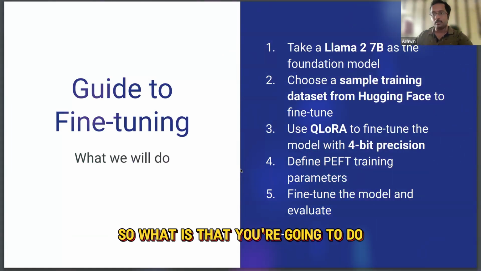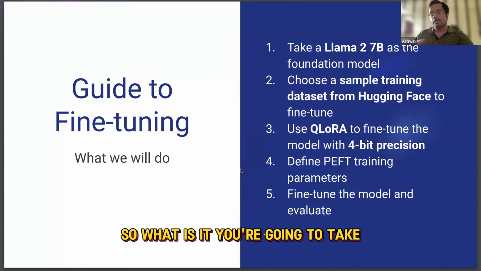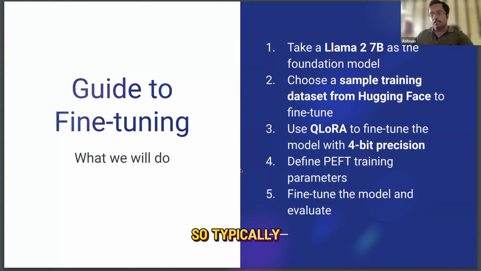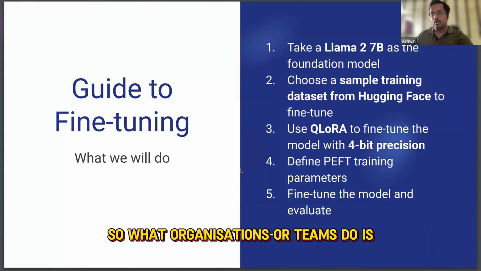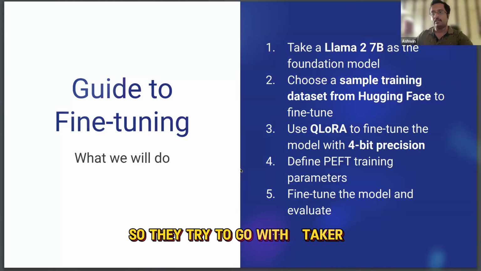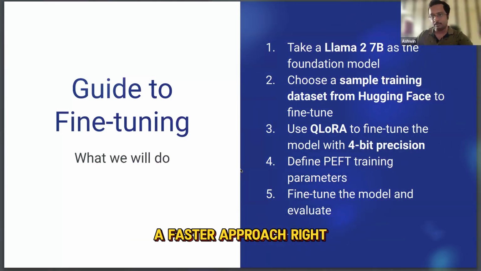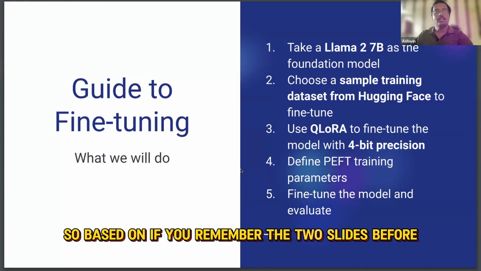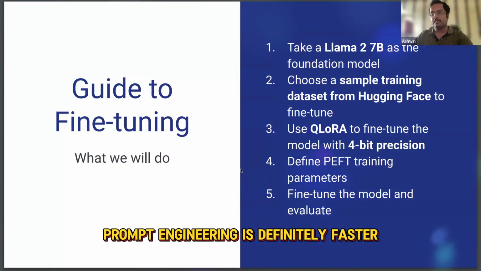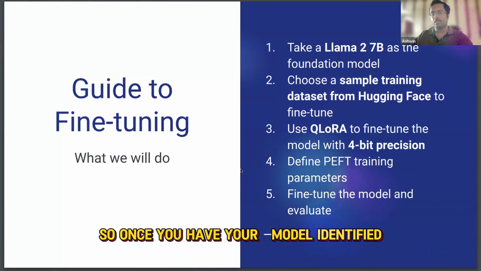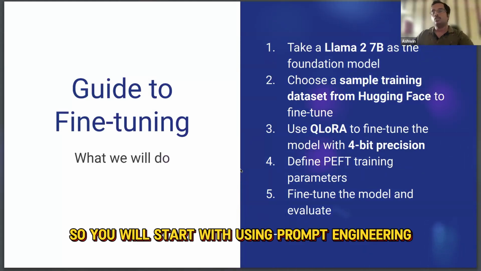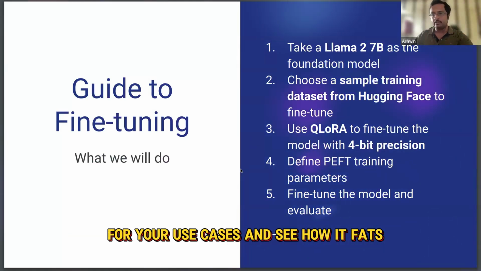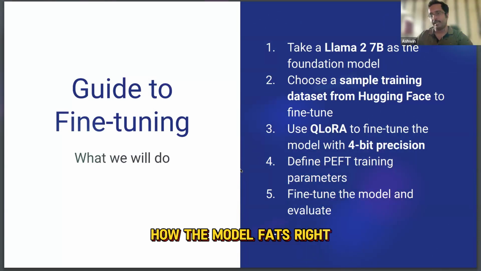So what is it you're going to take? Typically, from my experience, what organizations or teams do is they try to take a faster approach, right? If you remember the two slides before, prompt engineering is definitely faster. So once you have your model identified, you will start with using prompt engineering for your use cases and see how the model fares, right?